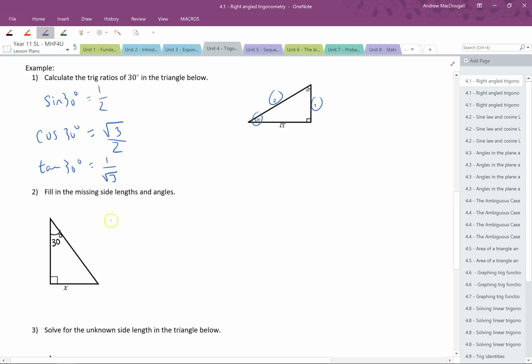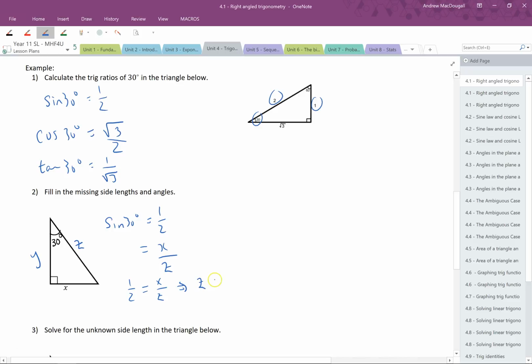So for instance, the sine of 30 degrees we know is 1/2. Let's call these sides z and y. It's also opposite x over hypotenuse z. So 1/2 is x over z.